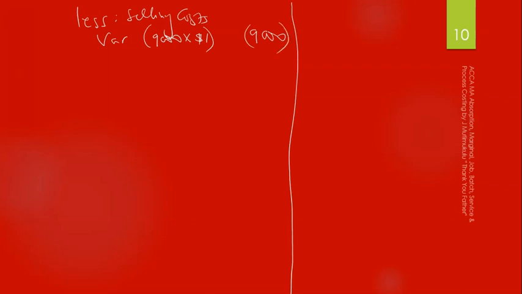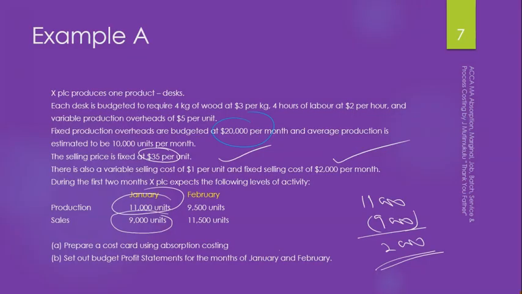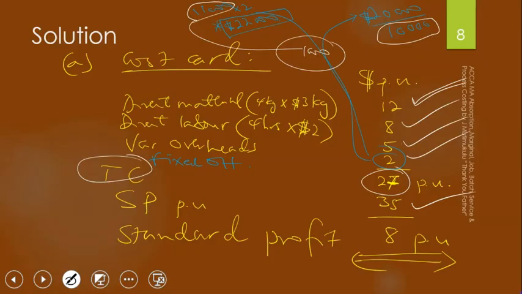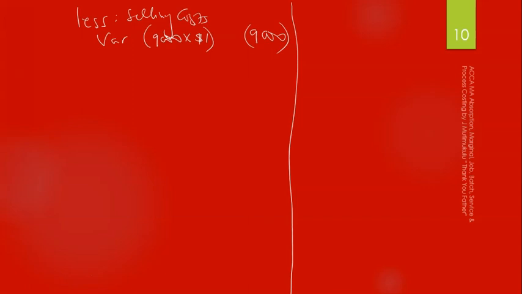All right, and then we have to worry about other costs there, which were the fixed selling cost of $2,000 per month. So this was per month, so just take the figure as it is, no need for any multiplication. So fixed selling cost, that's $2,000 per month. Remember, these figures now are per month.